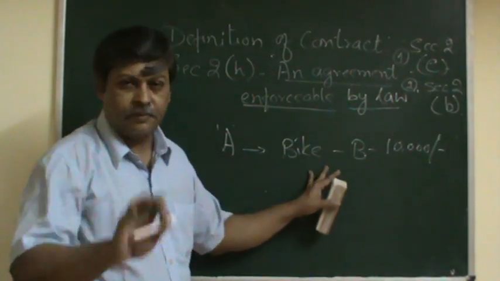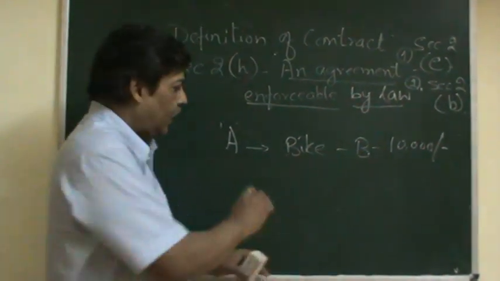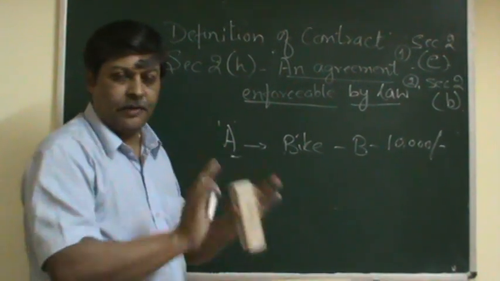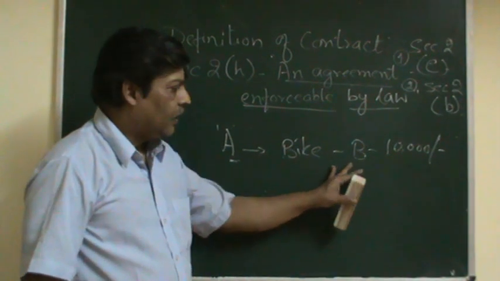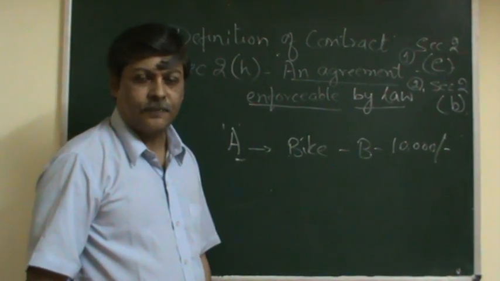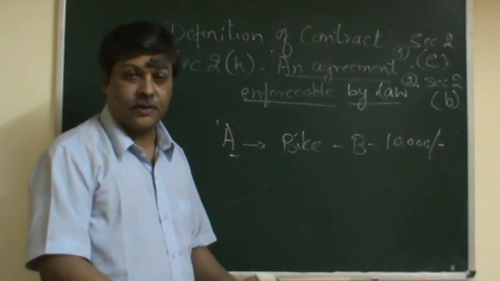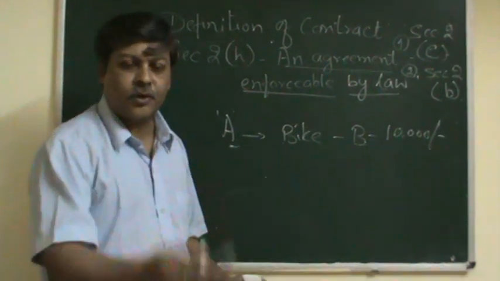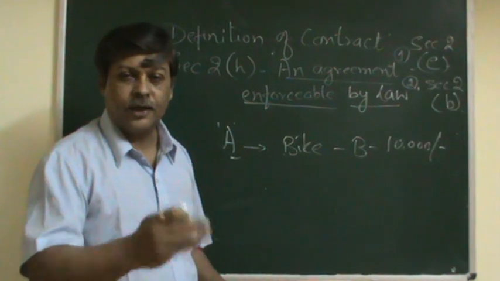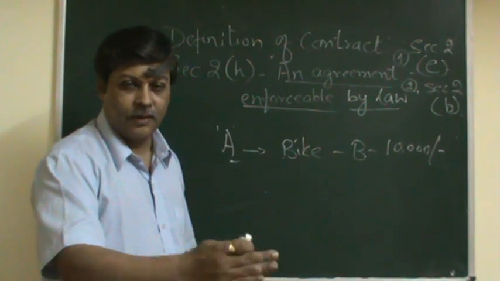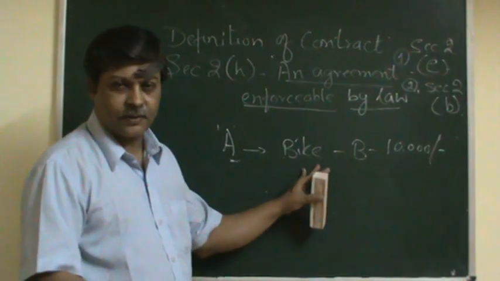I am just giving you an example. A has made a promise to B that he will sell his bike for 10,000 rupees. So it is a promise, or it may be more than one promise also. That's why in the word agreement we are using a set of promises.